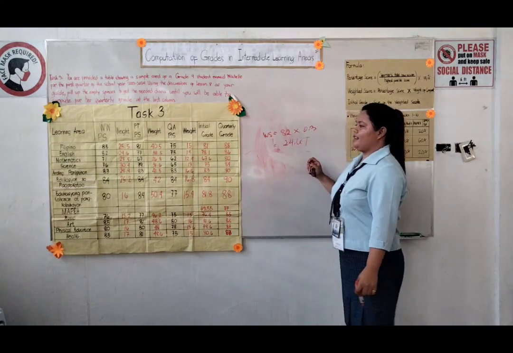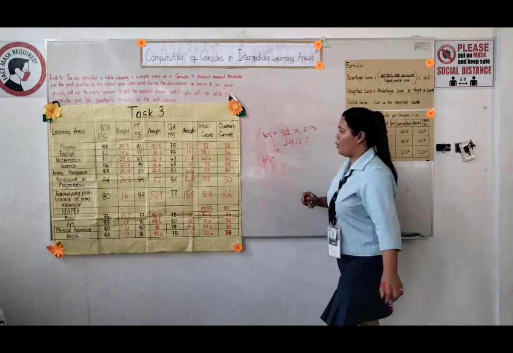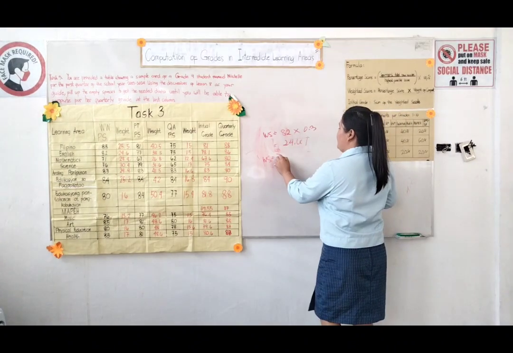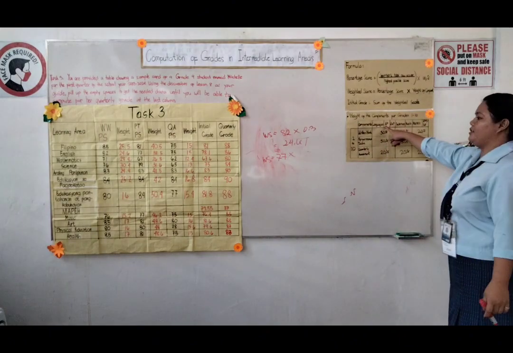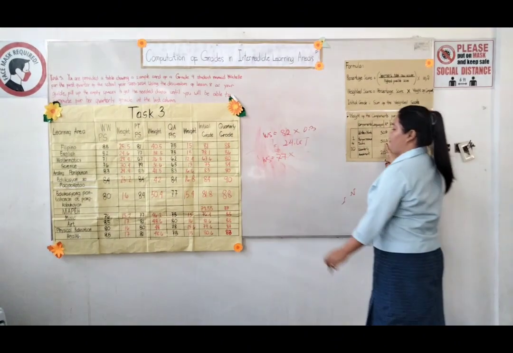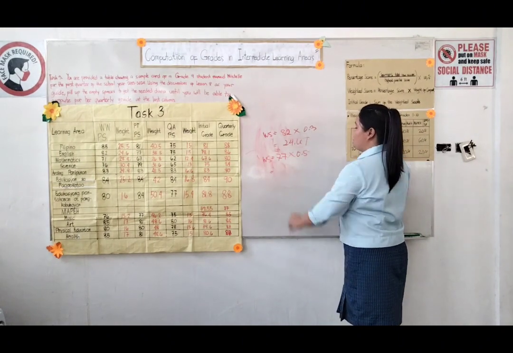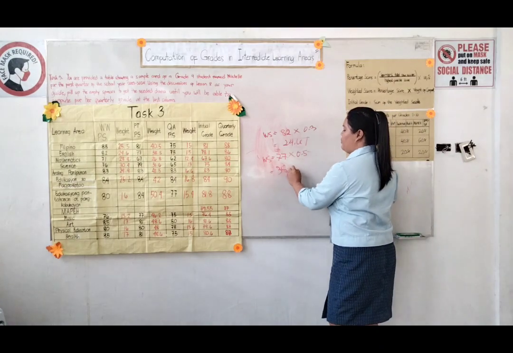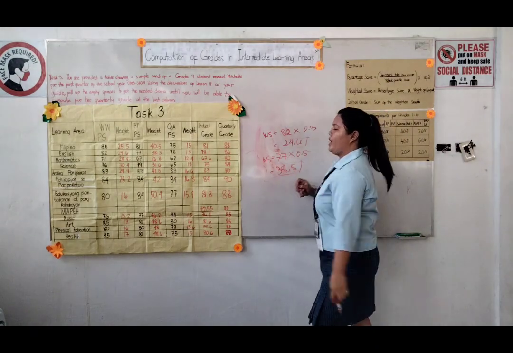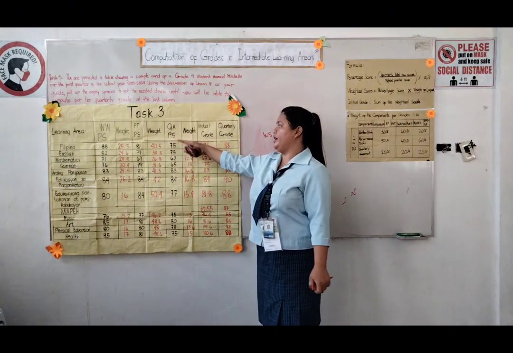In performance standard, the given percentage score is 77 times the weight of component of performance standard in English, which is 50%, or 0.5. So 77 times 0.5 is equal to 38.5. So we have here the 38.5. Now let's go to the quarterly assessment.